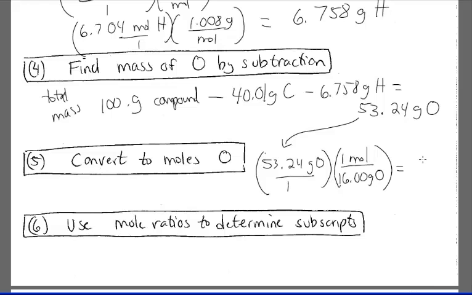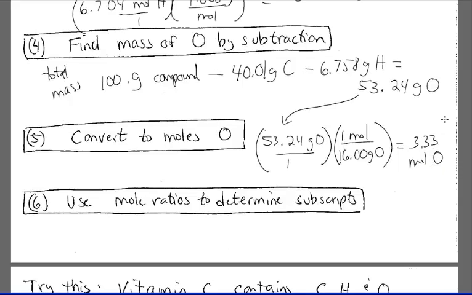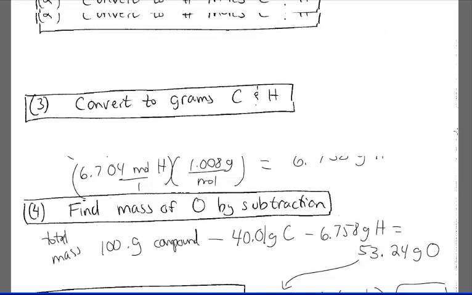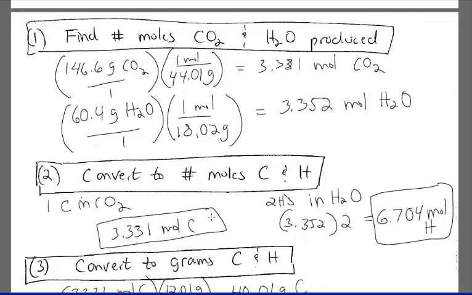And that gives us 3.33 moles of oxygen. All right, so now that we know the moles of oxygen here, and we know the moles of hydrogen here, and we know the moles of carbon here, we can use those three numbers in ratios.